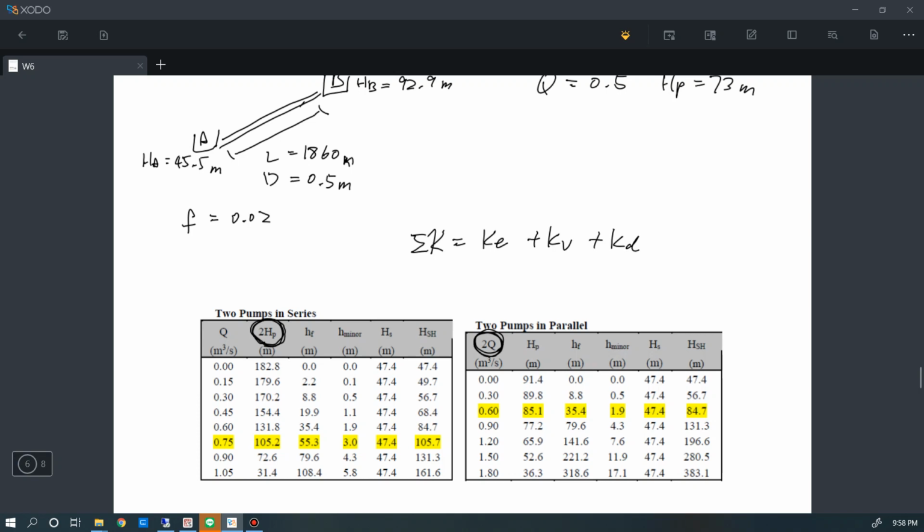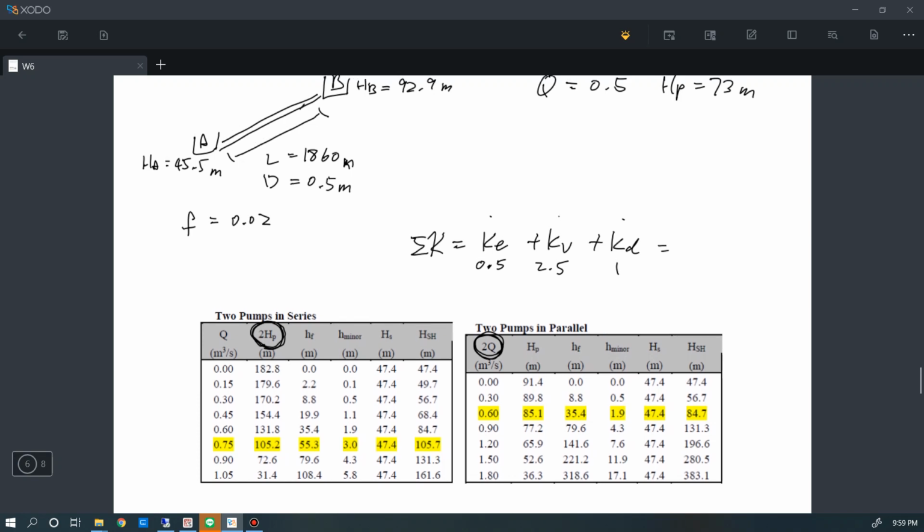This is the entrance, the valve, and the exit. And their corresponding numbers are 0.5, 2.5, and 1. So we have the total K equal to, what's the number is it? 4, okay.